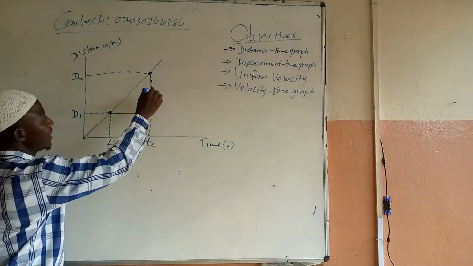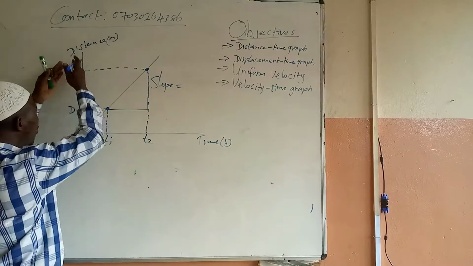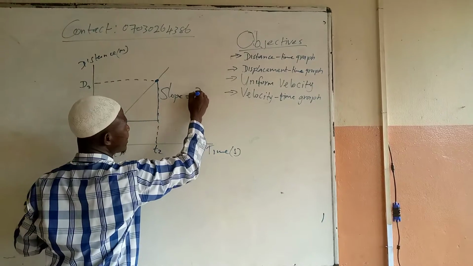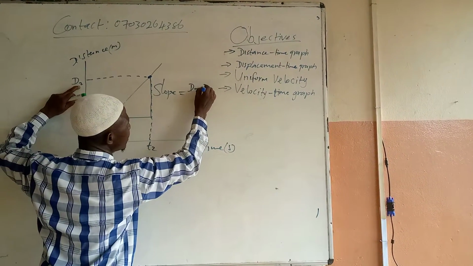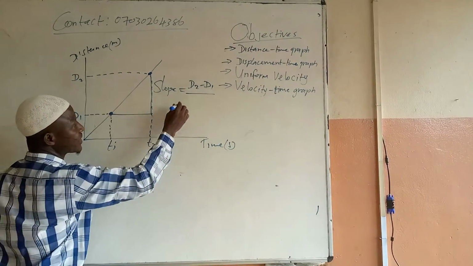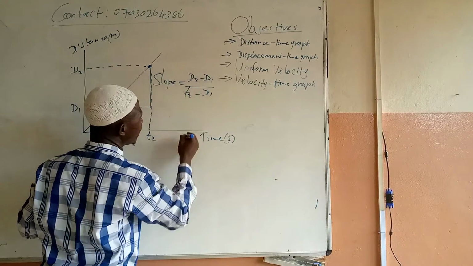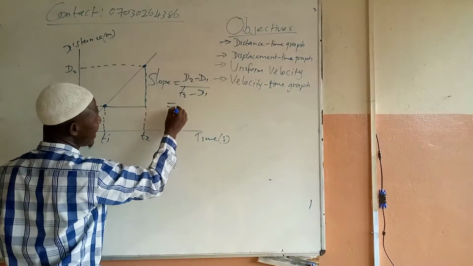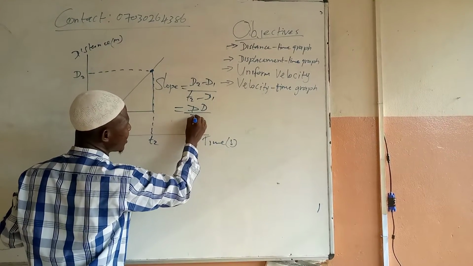Then you now say the slope is equal to change in what you have in vertical, that is distance, D2 minus D1, over the horizontal, that is T2 minus T1. So this one can be written as change in distance over change in time.